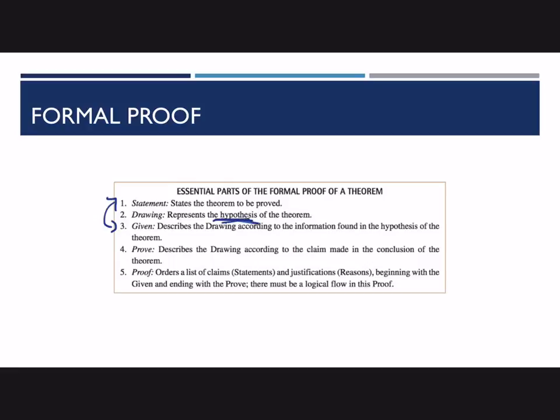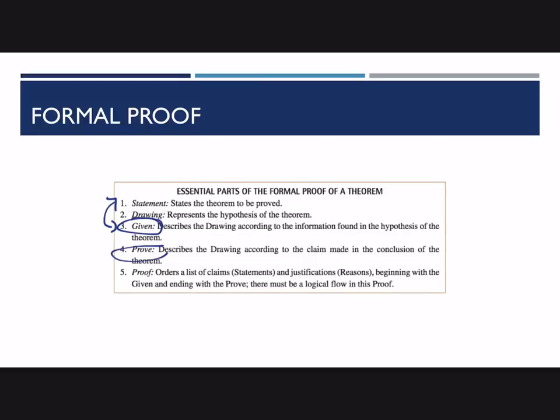You're drawing whatever the hypothesis is, the things that we're assuming to be true. And then the given, you're going to describe the drawing according to the information found in the hypothesis of the theorem. So the given is where you get specific and mention labels and specific angles and names of lines, things like that.